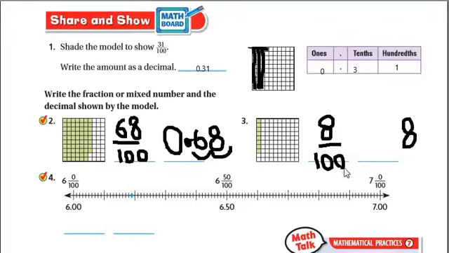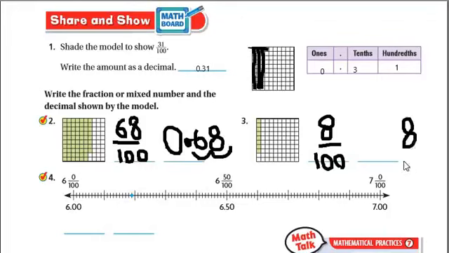I'll move 2 places because I have 100. It has 2 zeros. 2 places from right to left. 1, 2. Then I'll place my decimal point. I don't have any digits here, so I'll put 0 here, and 0 here because I don't have a whole number.